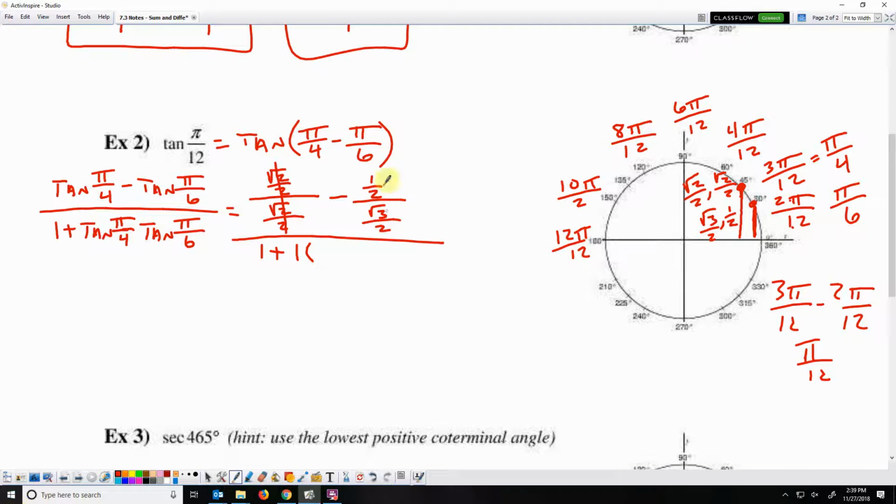Then the simplified form here. If I do an outer loop, I'm going to get 2. And an inner loop, I'm going to get 2 root 3, which is 1 over root 3, simplifying those. And if I multiply top and bottom both by root 3, I'm going to get root 3 over 3.